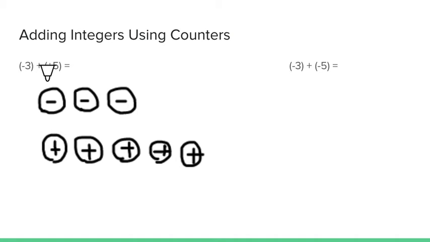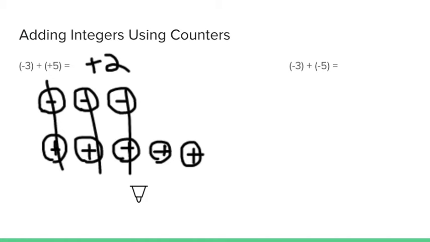So here we go. Here's one pair of negative and positive, another one that I have here, and a third one. So I've canceled all these counters out. Now I got to look at what's remaining. And in this case, I have 2 positives remaining, so our answer is +2.